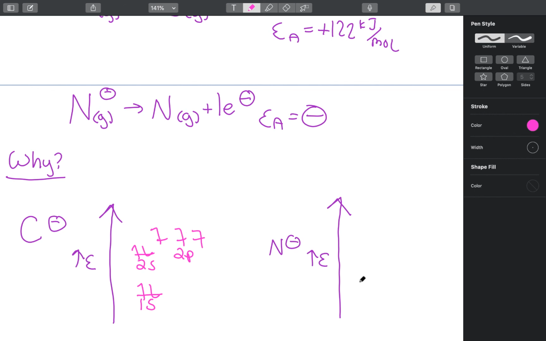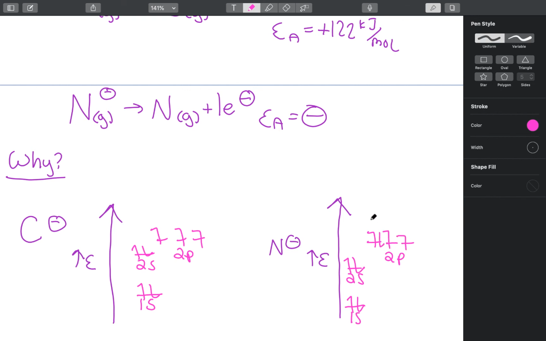So now let's go into our nitrogen anion. Let's go into our 1s, so we have 2 electrons in there, 2s with 2 electrons in there, and then our 2p subshell with 1, 2, 3, 4.